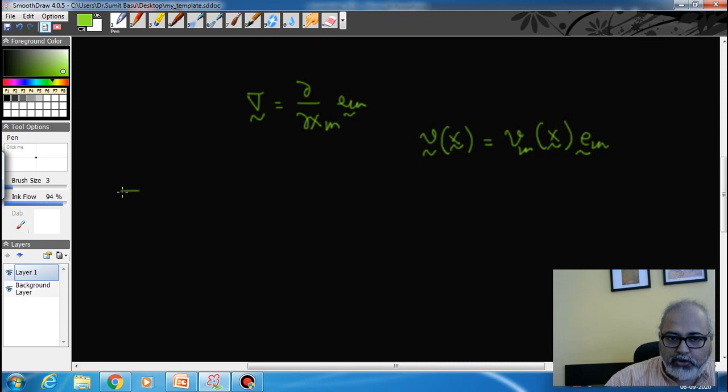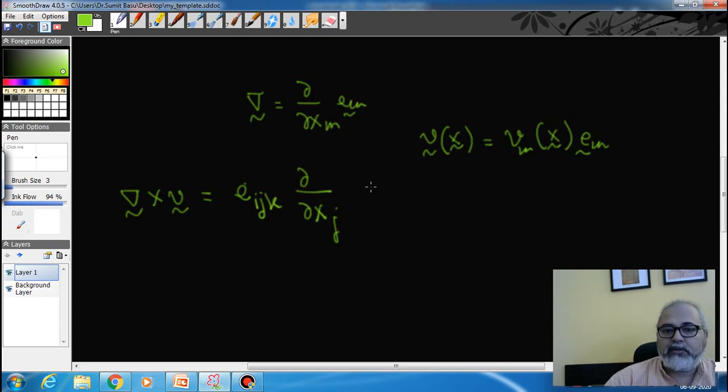And then we want to take the curl of v, and that we know. Now we treat this as a vector and this as a vector operation. We know that this is eijk del xj vk.